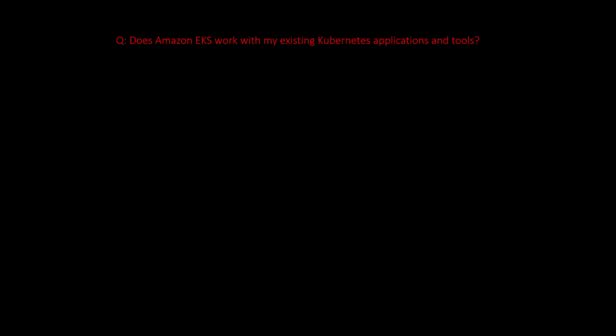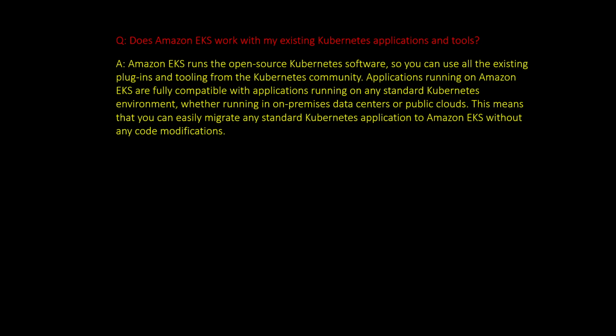Does Amazon EKS work with existing Kubernetes applications and tools? Amazon EKS runs the open source Kubernetes software, so you can use all the existing plugins and tools from the Kubernetes community. Applications running on Amazon EKS are fully compatible with applications running on any standard Kubernetes environment, whether running in an on-premises data center or public cloud.